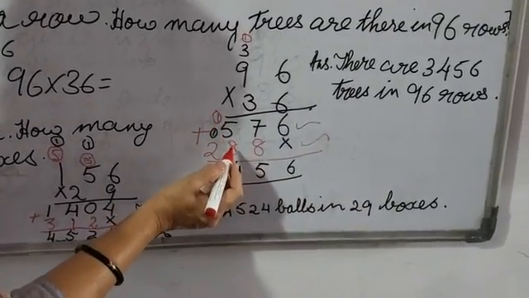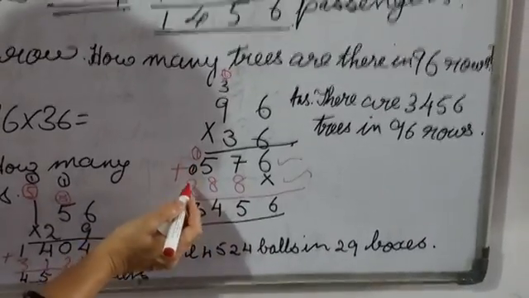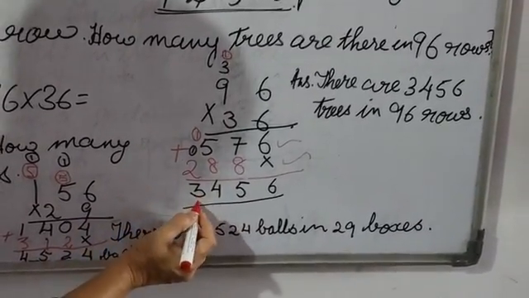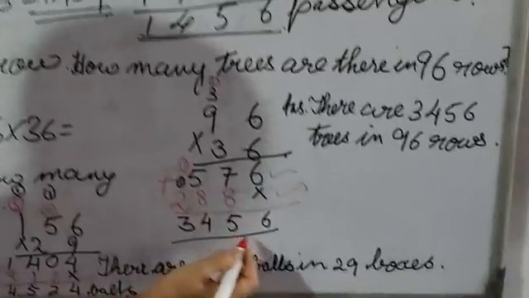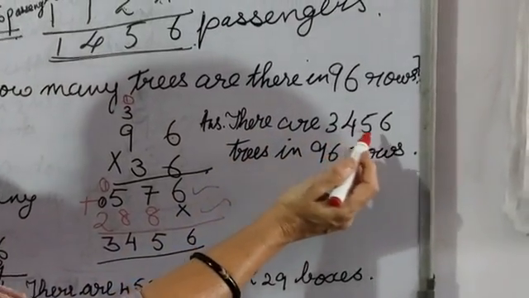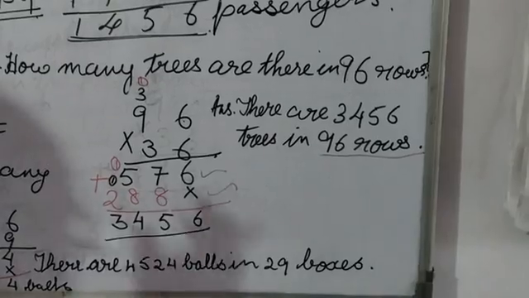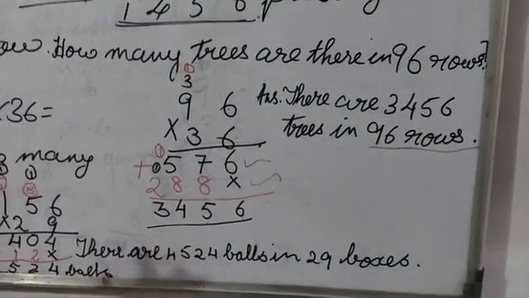Carry over 1. 8 plus 6 will be 14. Carry over 1. 2 plus 1 is 3. So 3456 trees. Here I have written the answer. There are 3456 trees in 96 rows. Is it clear?